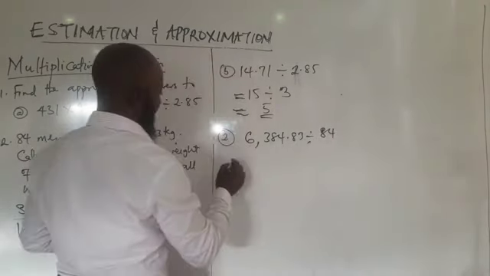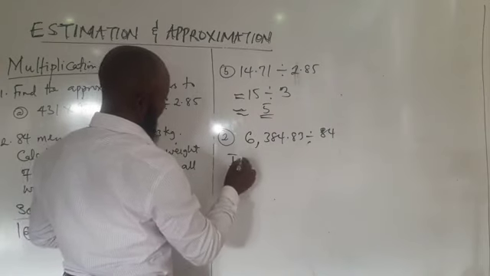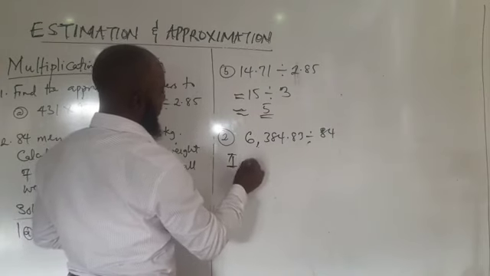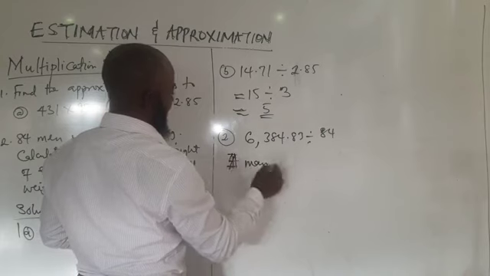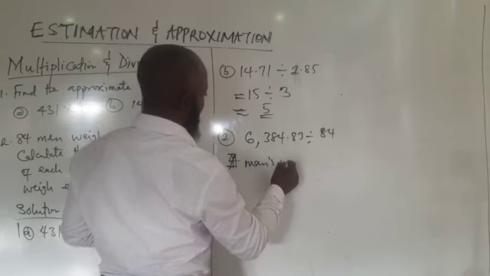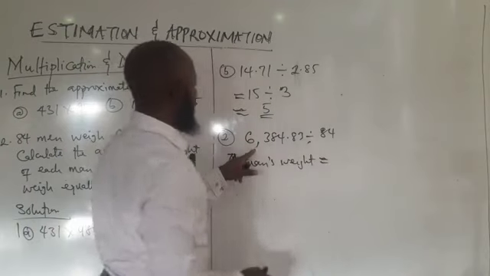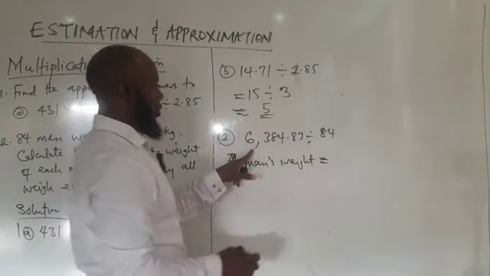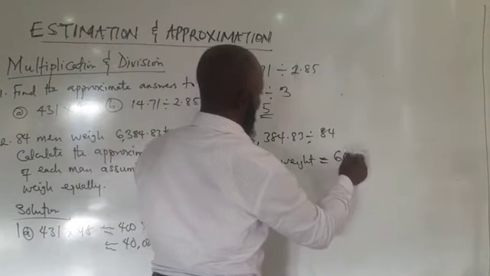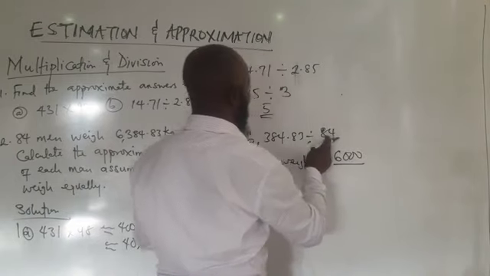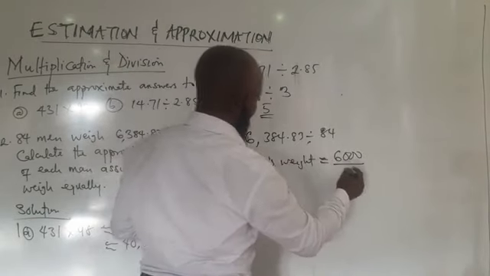So one man's weight will be approximation. Let's turn this to one significant figure. This will give us 6,000 divided by, to one significant figure, 8.